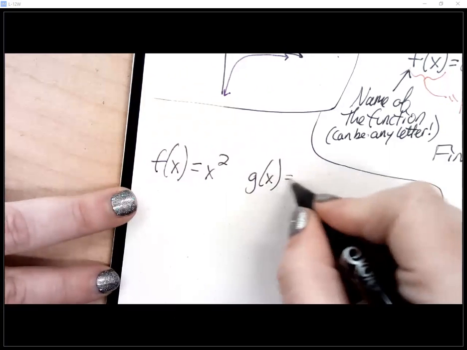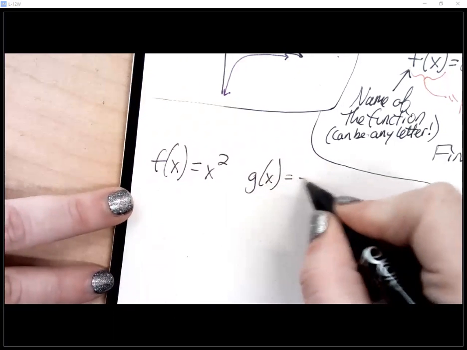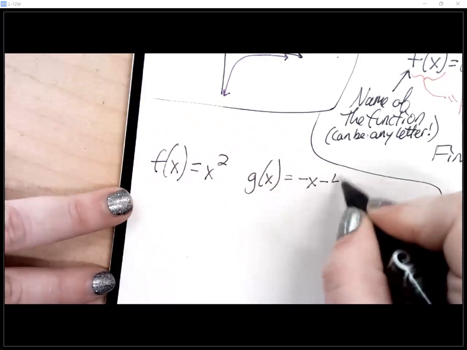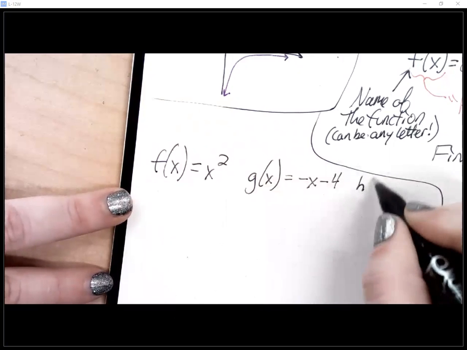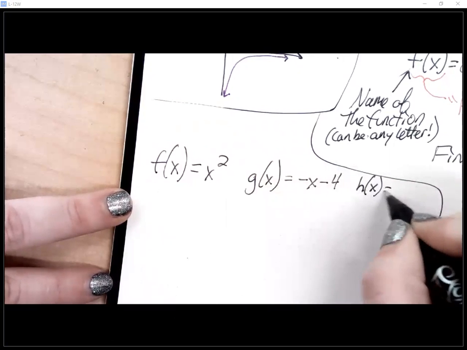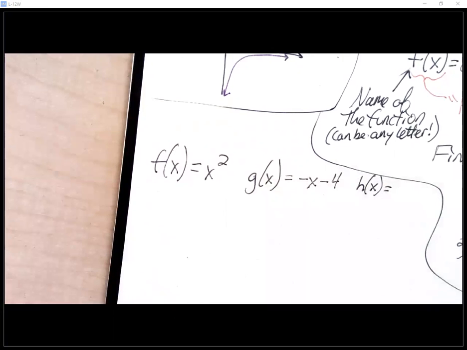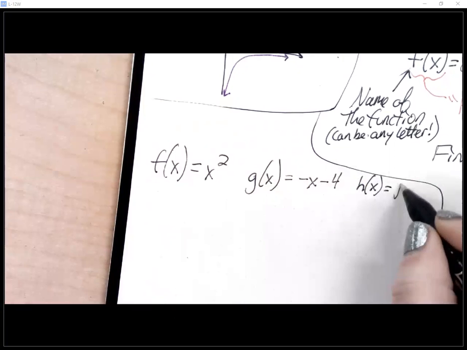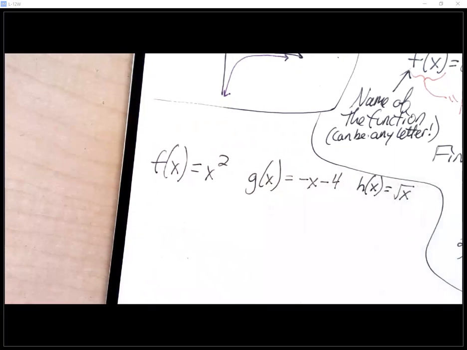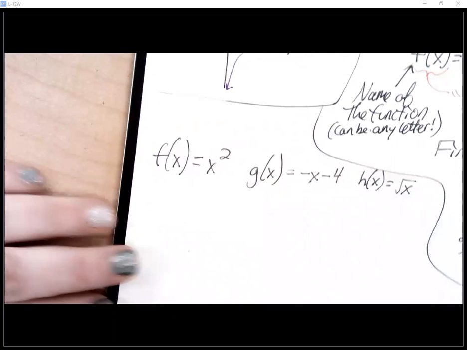Let's make g of x be -x minus 4. And just for funsies, let's throw in an h of x. How about square root of x? That'll be fun. Okay, so try and find the following.